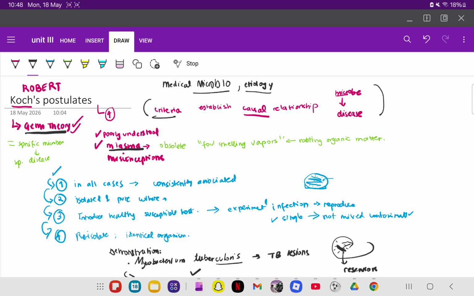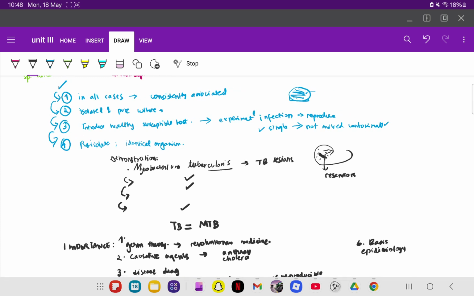What the germ theory says is that a specific microbe causes a specific disease, and that's what the postulates go on to affirm. Okay, so first of all, you would see a manifestation of this disease in a certain host, a susceptible host. The first postulate is that this microbe should appear in all cases of this disease. In a particular disease, a particular microbe is appearing in all cases.